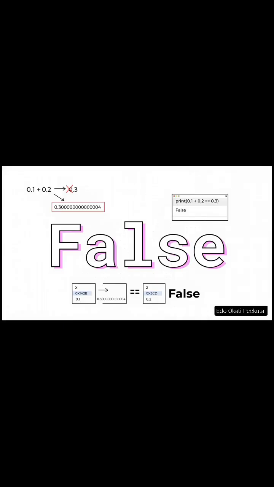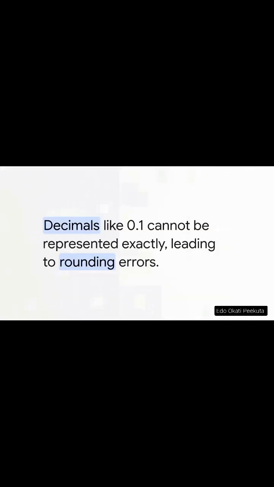Okay, let me ask you a quick question. If you add the decimal 0.1 to the decimal 0.2, does it equal 0.3? Well, in Python, the answer is false. Crazy, right? So why does that happen? It's because of the IEEE 754 standard for floating point numbers. Simple decimals, like 0.1, actually cannot be represented exactly in binary.